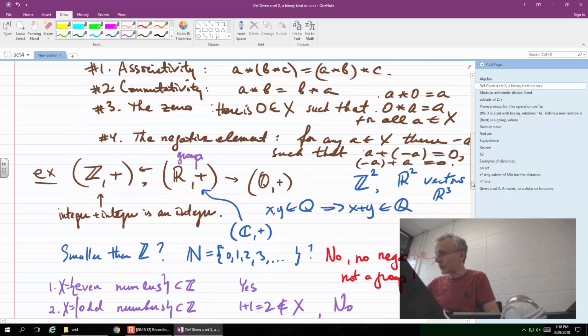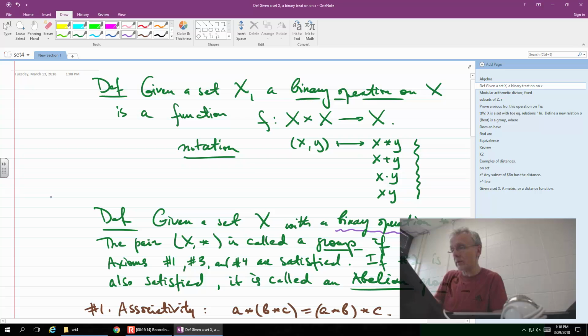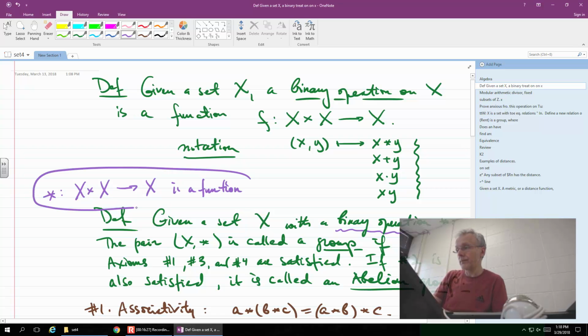So the operation of the group is X cross X to X. You see what I'm saying here? It is a function. So there's nothing mysterious about those operations.